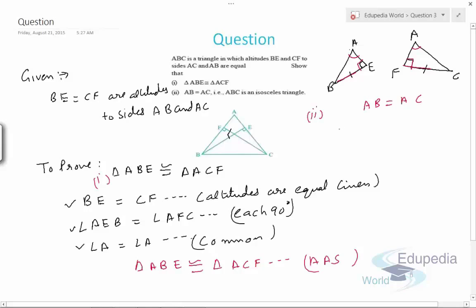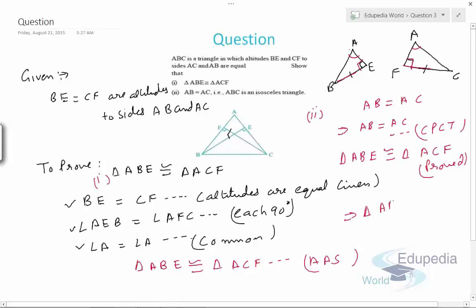So we can say that AB equals to AC by CPCT. Why? Because we have proved triangle ABE is congruent to triangle ACF. So this means AB equals to AC. So we can say that triangle ABC is an isosceles triangle.